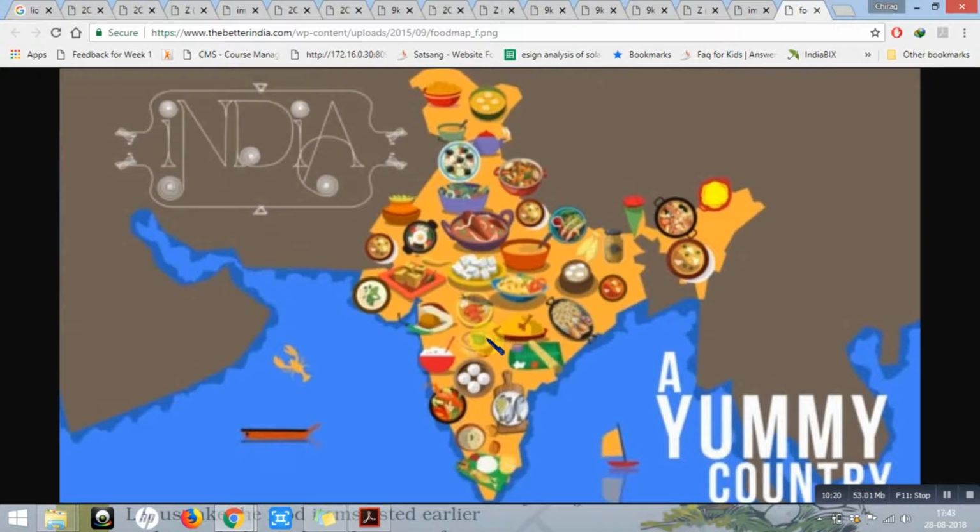Some eat fish, some eat rice, some eat wheat, some eat more sugar, like that. A wonderful answer was given by Swami Vivekananda. He said that it depends on location, not on the people. It differs from location to location.